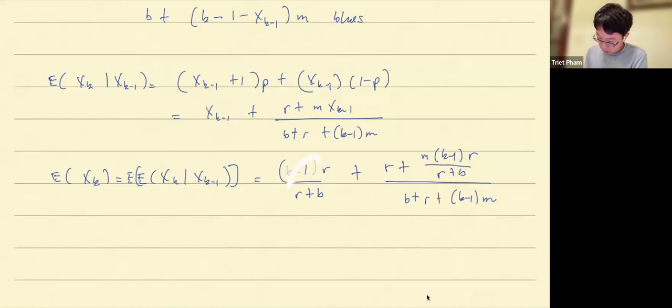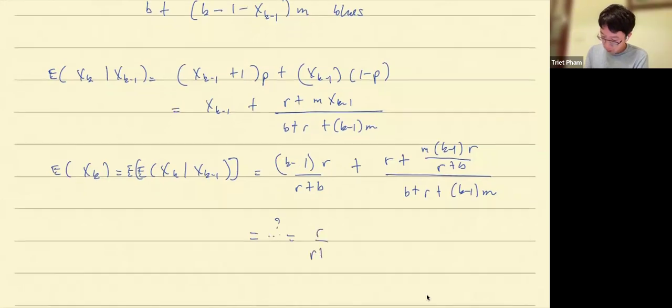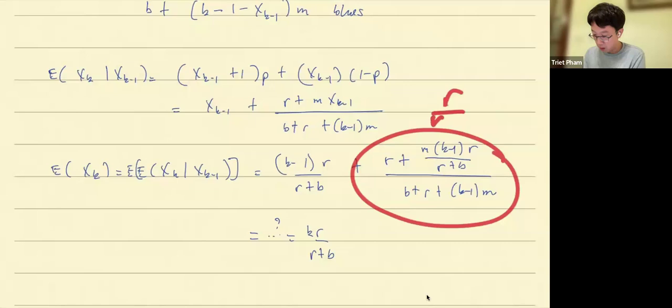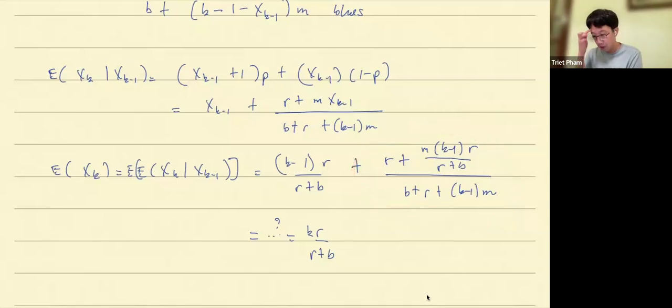Notice, this is k minus 1 r, and our goal is to get to r over r plus b. Then this is subtracting r over r plus b. So if our calculation is right, this better be r over r plus b. So we should just work on this expression to see if that works.